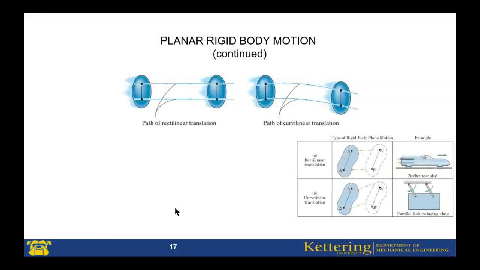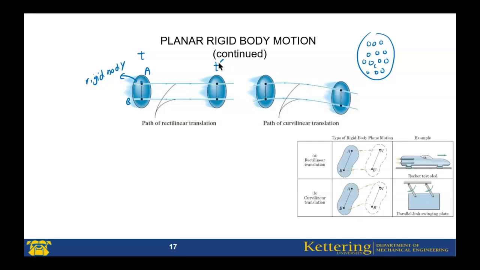Translation means that a rigid body consists of several particles, not one. If I select two particles inside the rigid body, such as A and B, and I track the position of A and B during the time, for example, this is at time t, this is at time t prime.